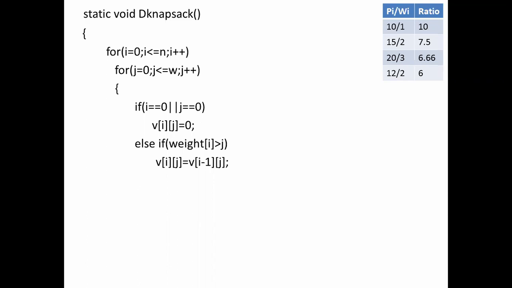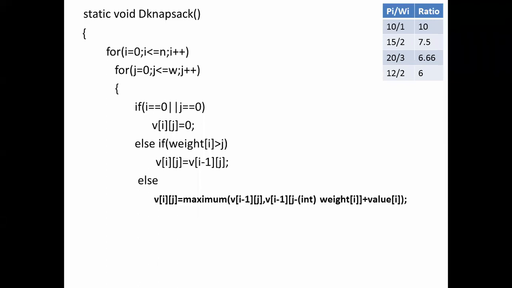In the previous case the remaining capacity was pointed to by u, right? Now here j is pointing to the remaining capacity of the knapsack. If the weight of the ith item is greater than the remaining capacity, then don't add that item into the knapsack. Keep the previous value as it is. So v of ij is equal to v of i minus 1, j.